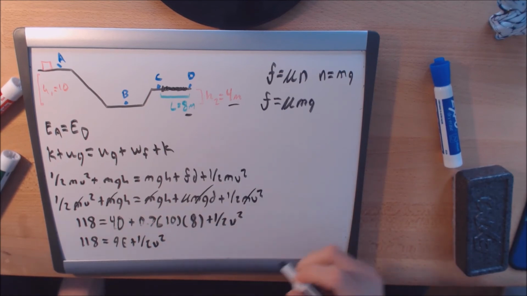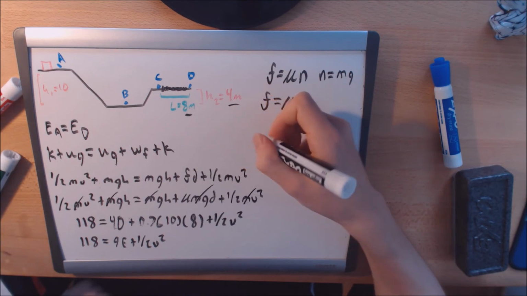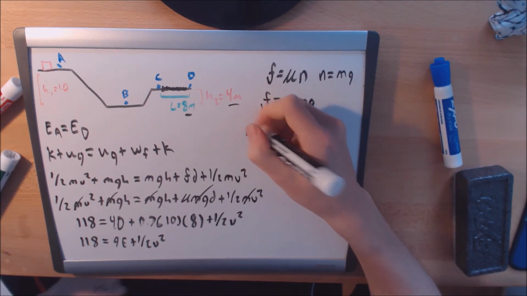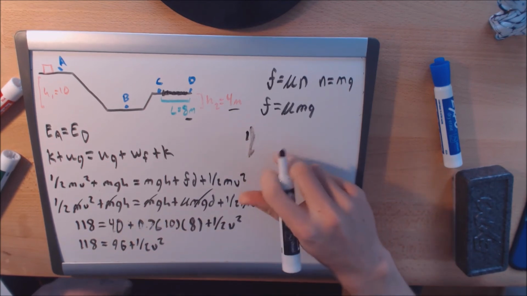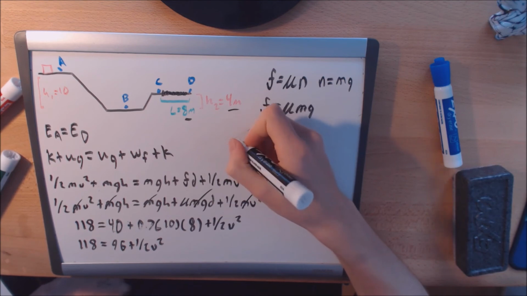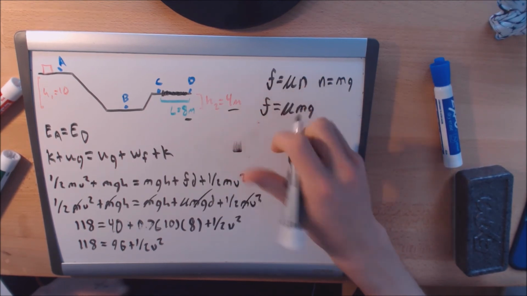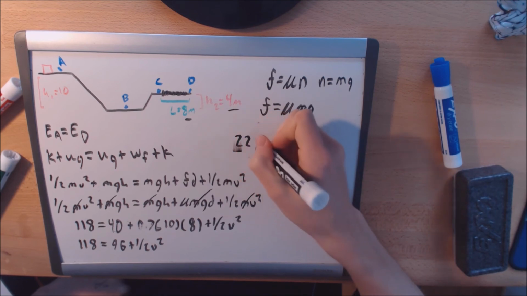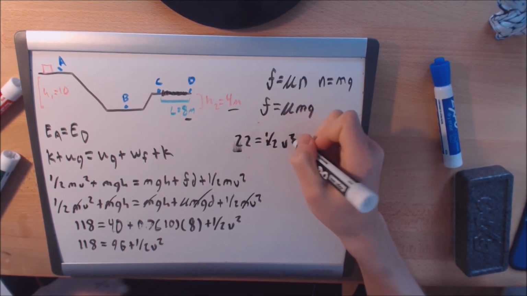So now we're going to do 118 minus 96 in order to get the v squared on its own side, which gives us a 22. 1/2 v squared.